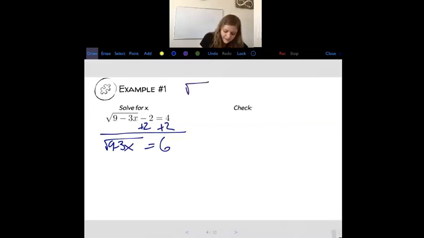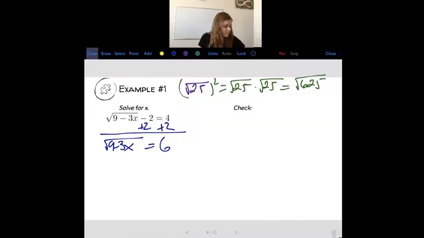So let's say we have square root of 25 and we decide to square it. This means square root of 25 times square root of 25, which would give us, I think, 625. Let me double check that.